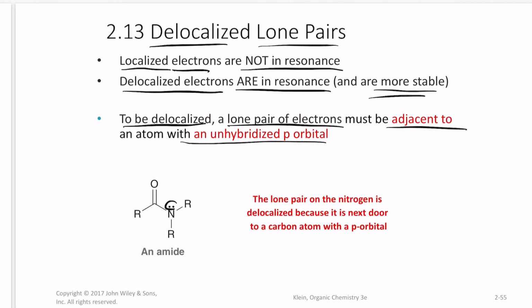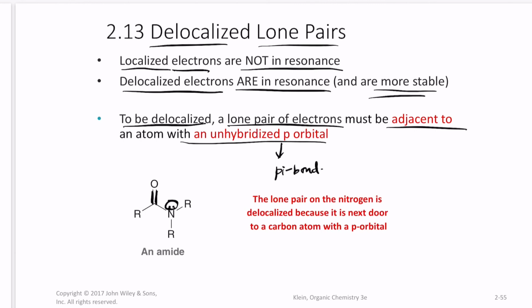For example, if you look at this compound, there is a localized electron pair here, which is adjacent to a double bond. An unhybridized p orbital basically represents a pi bond. If it's adjacent to a pi bond, it generally becomes a delocalized lone pair.